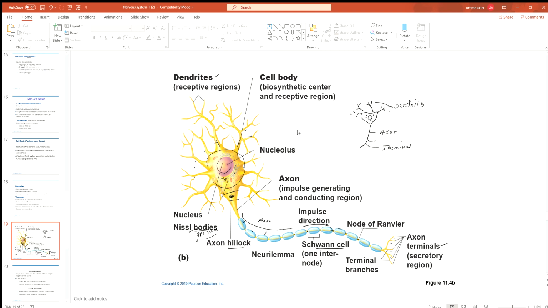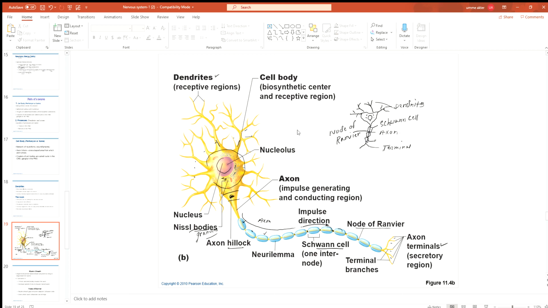These are axon terminals and Schwann cells, right? They form myelin sheath, insulation, and in between Schwann cells you have nodes of Ranvier. So this is a Schwann cell, and in between Schwann cells you have open spots called nodes of Ranvier. Okay.